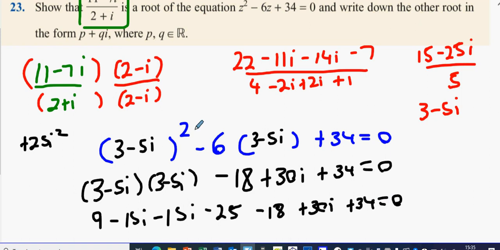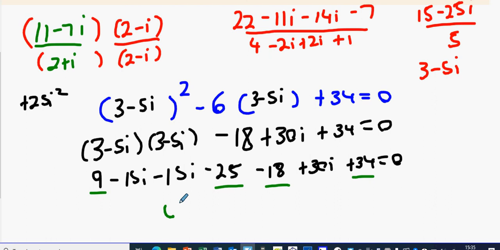Okay, we're hoping that the green parts, one of them's plus 43, the other one's minus 43, so they're going to cancel. And then we're going to have a minus 30i plus 30i, and that's going to cancel as well. So we've proven that, haven't we?